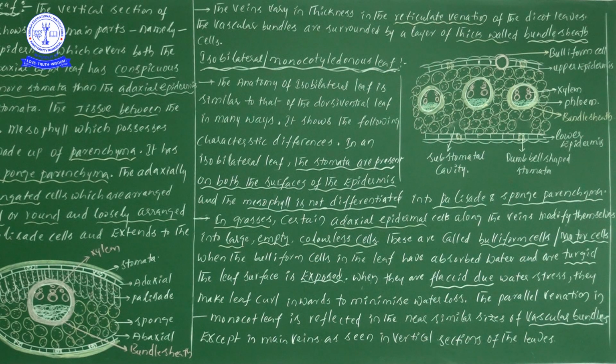Sir, we take the specialized, empty, larger, colorless cell present at the upper epidermis. Then what is the use of this? That is what we are discussing next. When the bulliform cells in the leaf absorb water, these bulliform cells absorb the water.